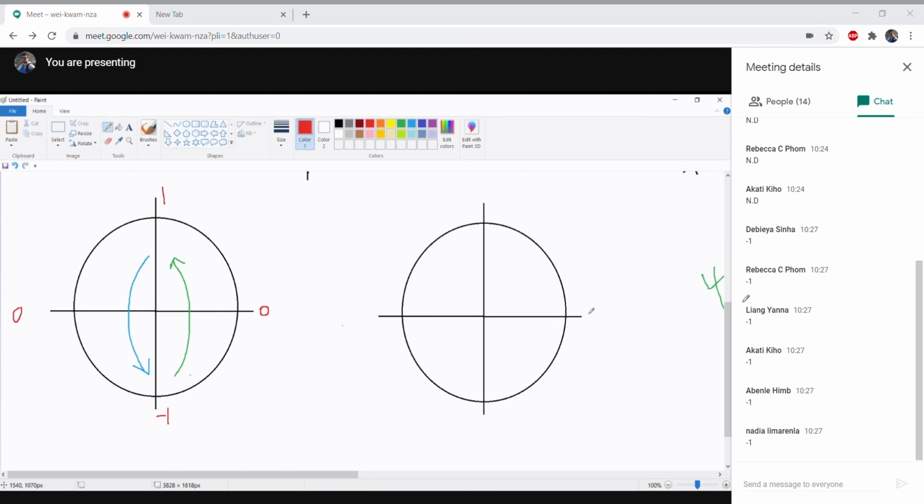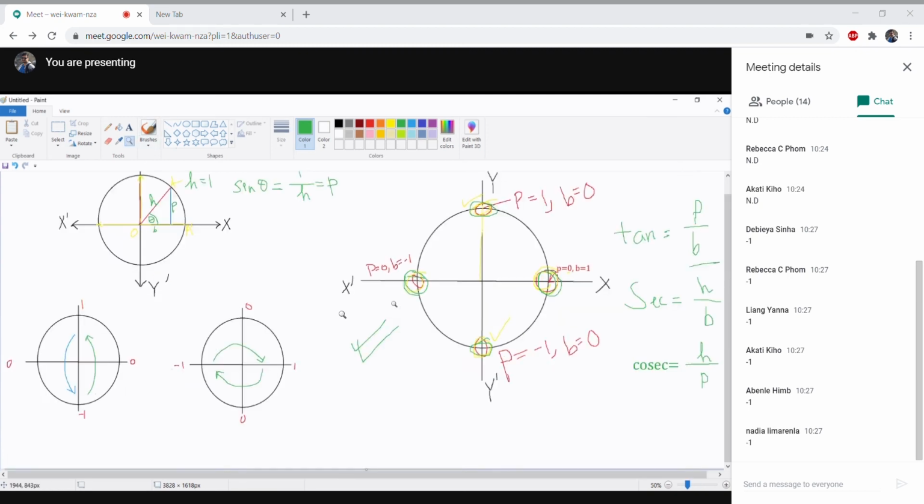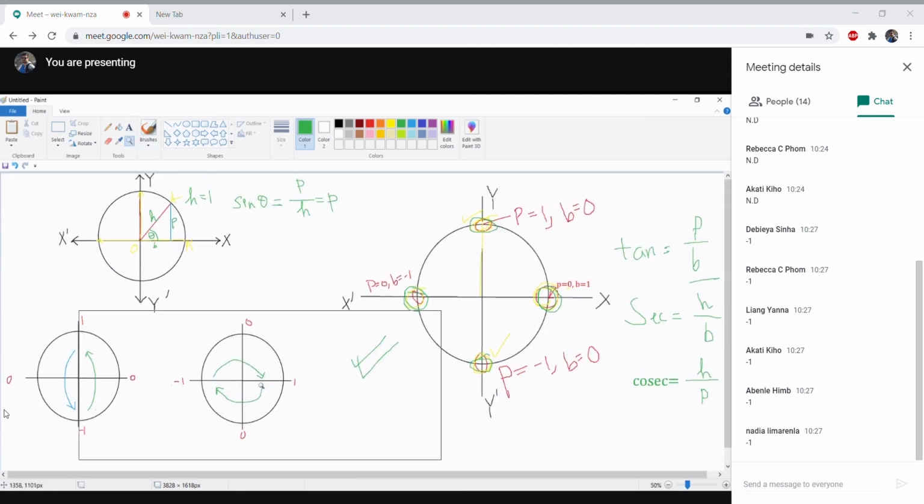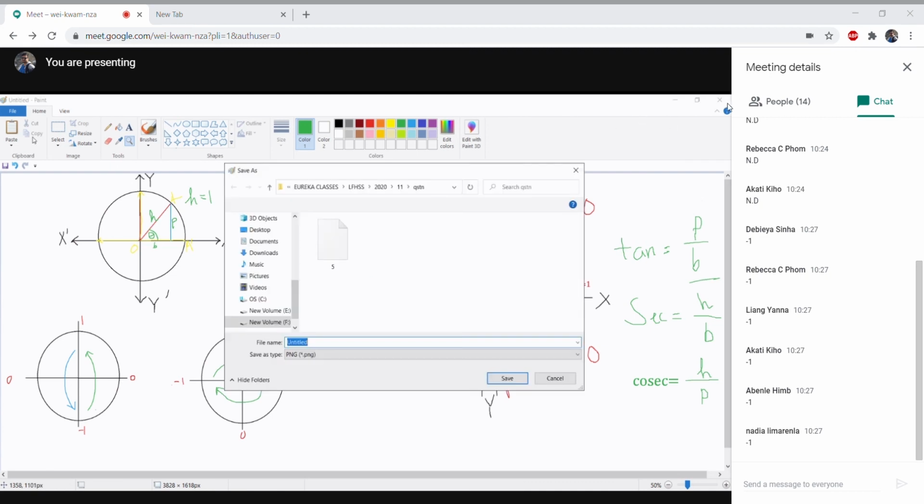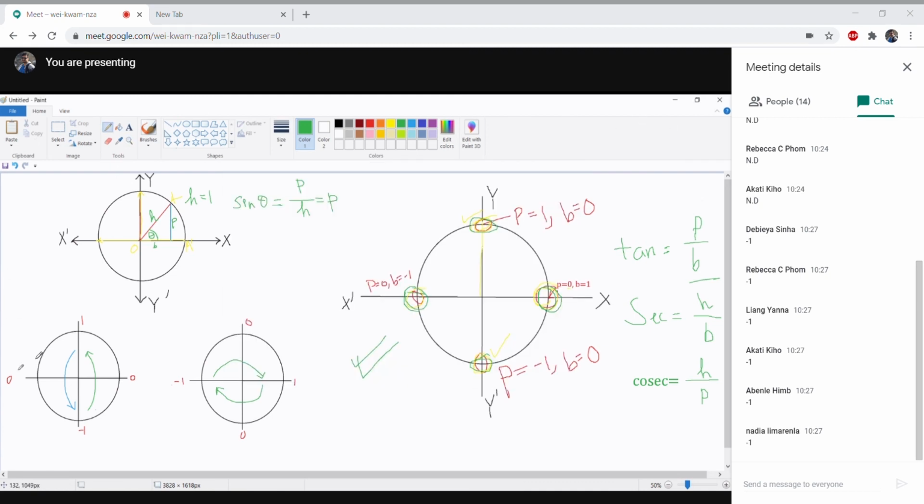For cos here is 1, here 0, here -1, and here again 0. So you can see the cos value is increasing from -1 to 1 on this side, and from 1 to -1 on this side. Now we'll move towards the sine and cos curve.